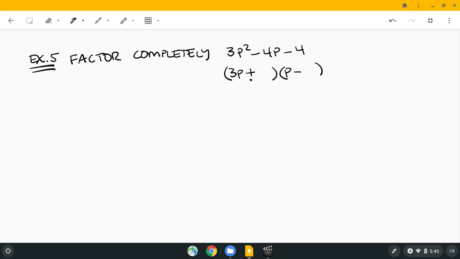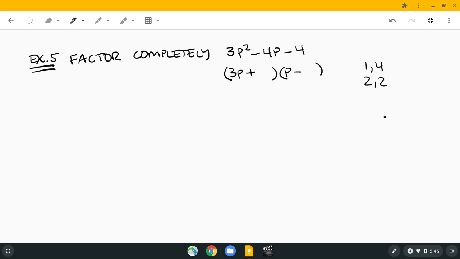So just place them somewhere and we'll worry about whether they're in the right place at the end. To get -4, we can try 1 and 4, 2 and 2, and we can try switching their positions since 3p and p are different. Whenever these are different, you can try 1 and 4 or 4 and 1.